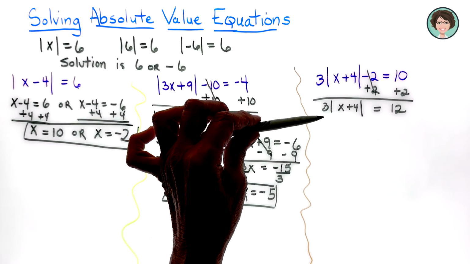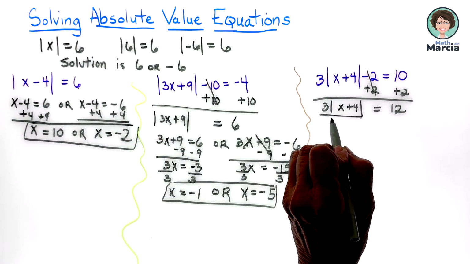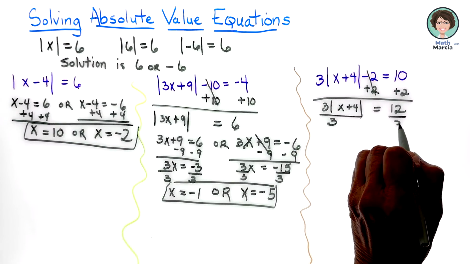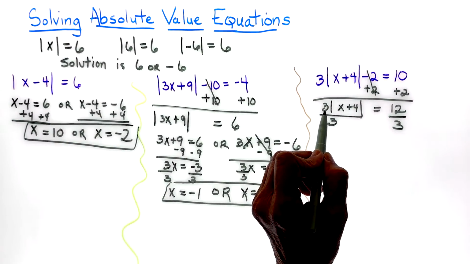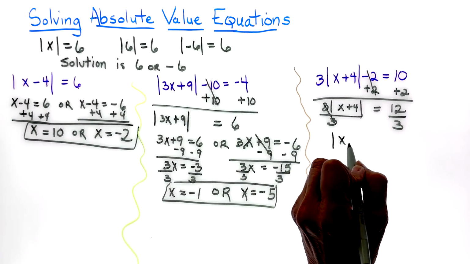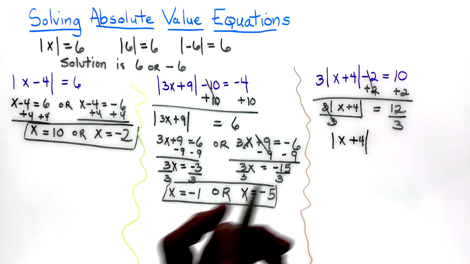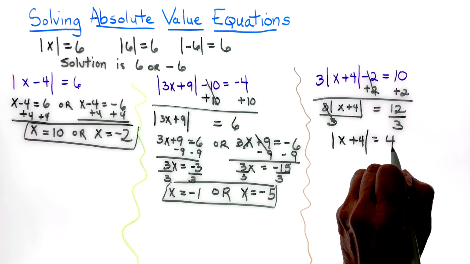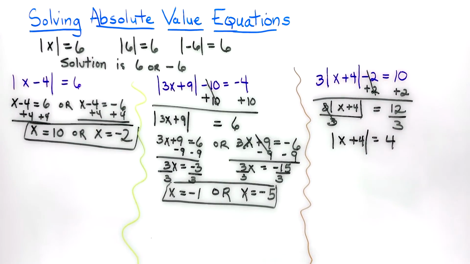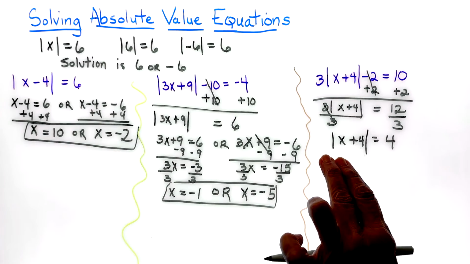So we cannot get rid of the absolute value symbol until we divide both sides of the equation by 3, because the opposite of multiplication is division. And this cancels out, so you end up with the absolute value of x plus 4, again still in the absolute value symbol, equals 4. 12 divided by 3.